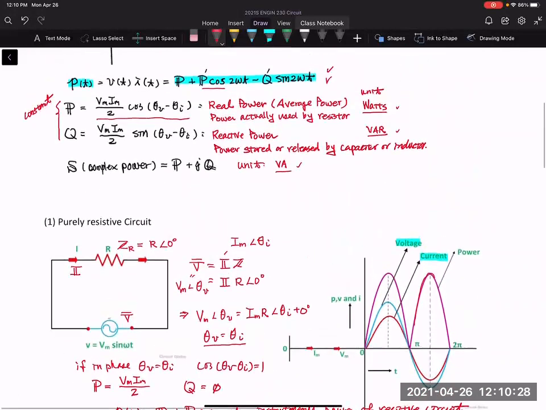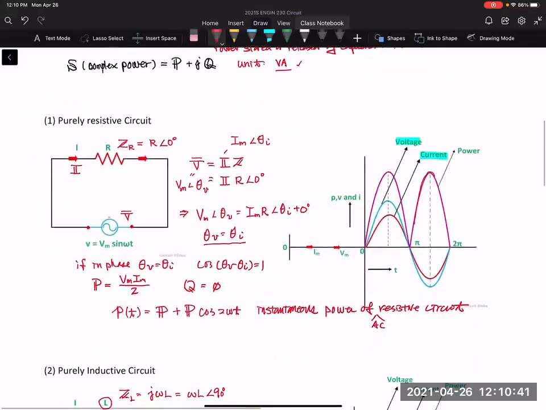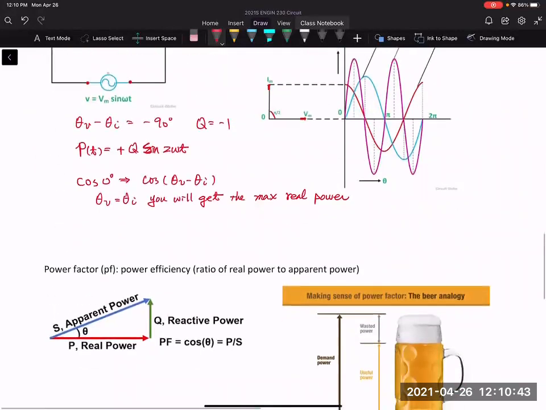Let's take a look here. So here is the real power. To get this value to be maximum, you have to make the theta V equal to theta I in order to get the maximum real power. Okay, and so that means if the cosine of theta V minus theta I is equal to 1, it is the maximum real power.